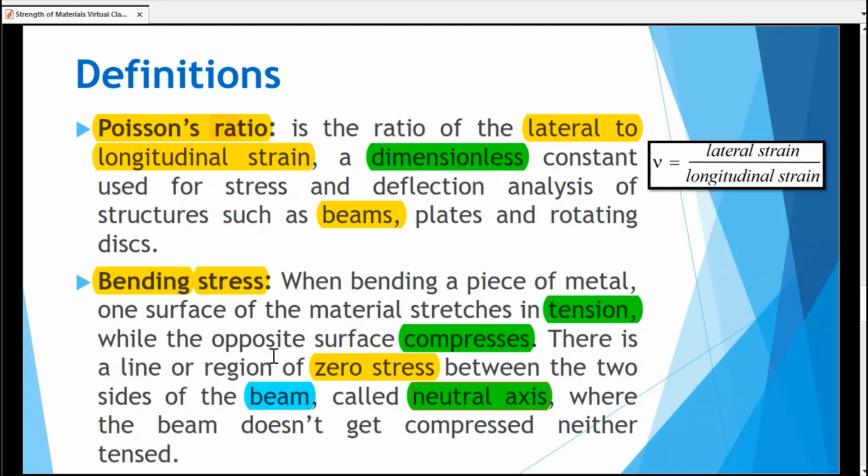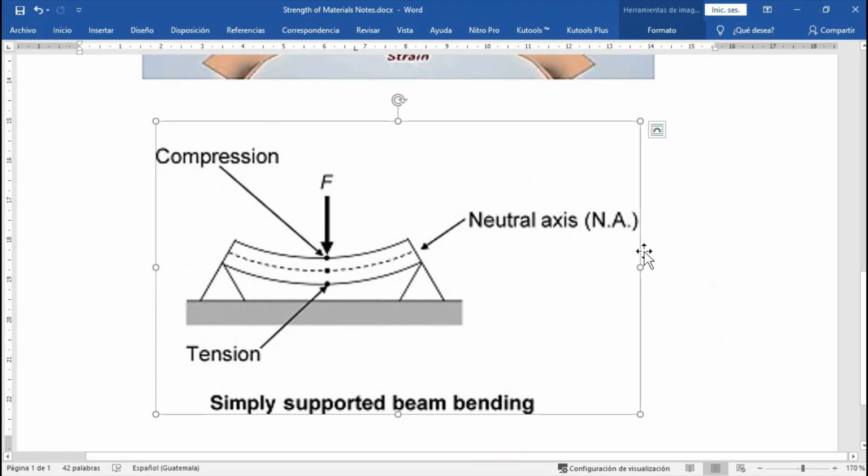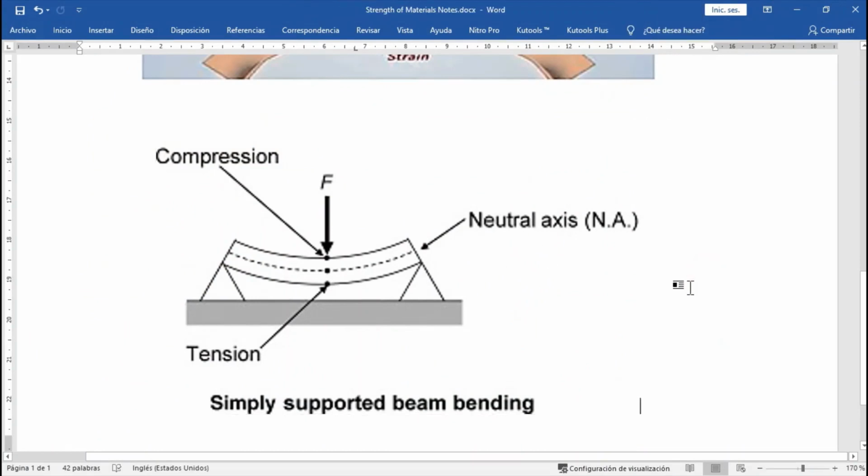So let's check a little picture to understand this. Look, this is a good example. This is a beam. Again, it can be a bar, and these are two supports holding the bar. And we apply a force that changes the original straight horizontal shape of the bar and curves it.